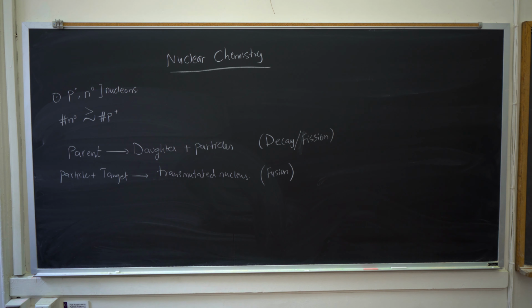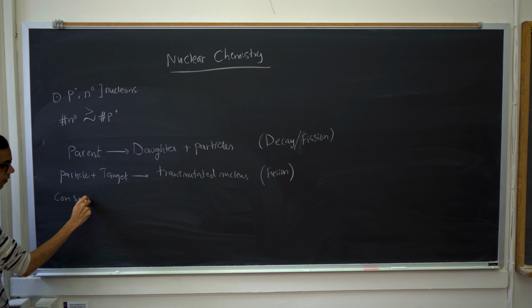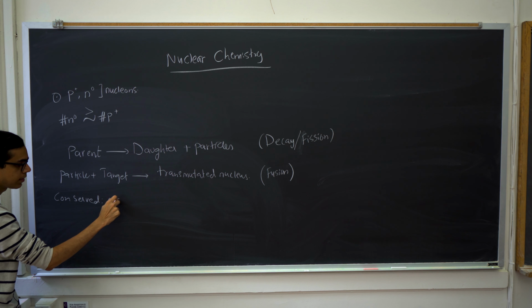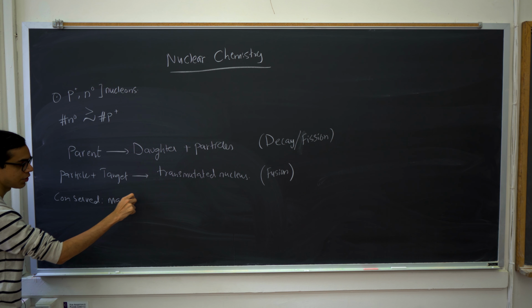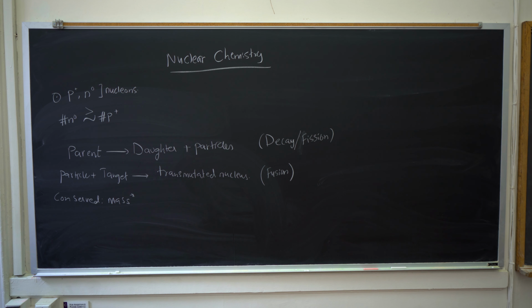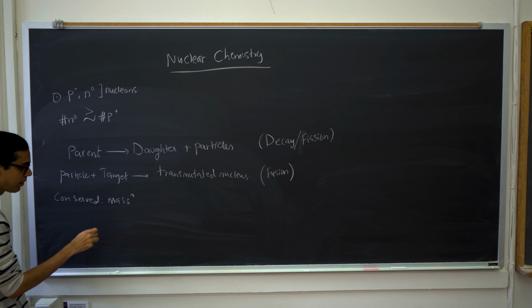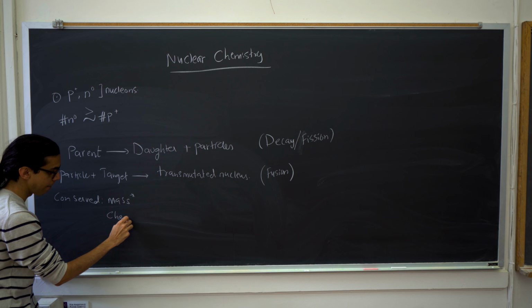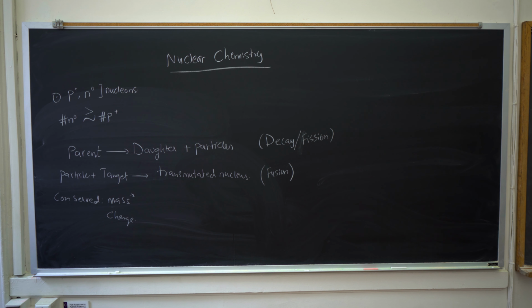So conserved quantities are mass with an asterisk, because mass is actually slightly lost or slightly gained, but that's okay. Mostly conserved, and charge. Okay, we'll use mass and charge conservation when we're balancing nuclear reactions in a bit.